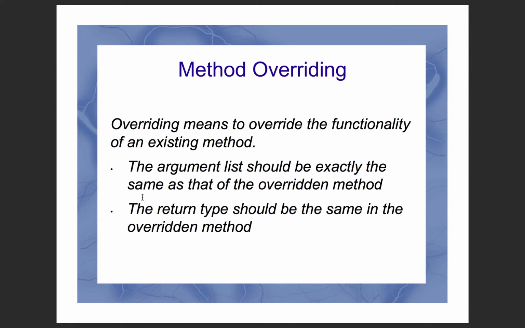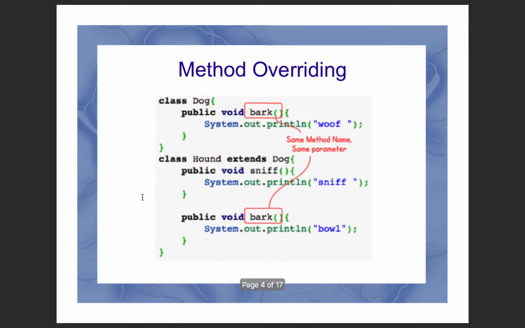The other restriction is that both methods should have the same return type. If the method in the superclass returns integers, then the method in the subclass should return integers. These are the two restrictions when implementing method overriding.